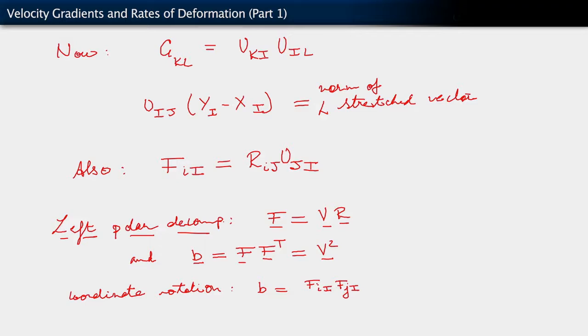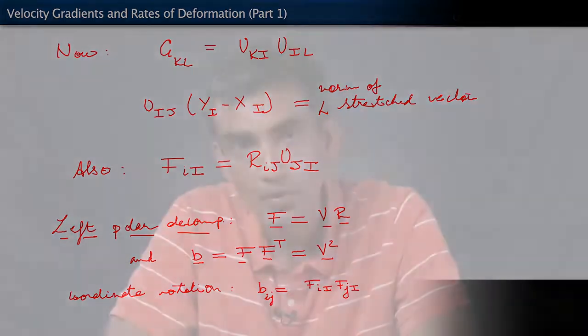It is the uppercase index J that is being contracted out. And this, of course, leaves us with two indices, little i, little j, which then are the indices of B. Now, if you recall that B as well as B inverse act on vectors in the current configuration, those indices make sense.